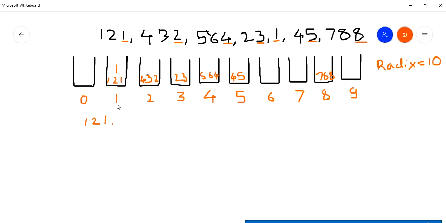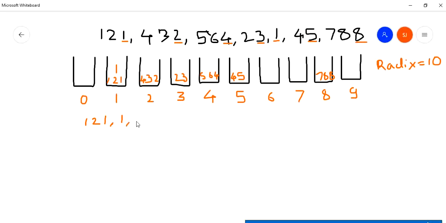Now in the first bucket you are having 2 numbers, 121 followed by 1. Keep that order intact, because in the initial array you are having 121, after that you are having 1.